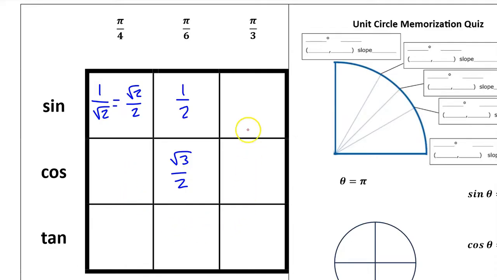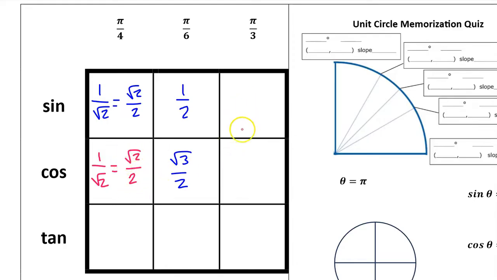But the other facts sort of flow from these 3, because the cosine of pi over 4 is the same as sine. So you don't really have to memorize it separately, just remember that these 2 are the same. So 1 over radical 2, which is equal to radical 2 over 2.